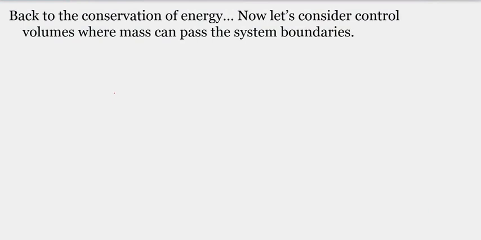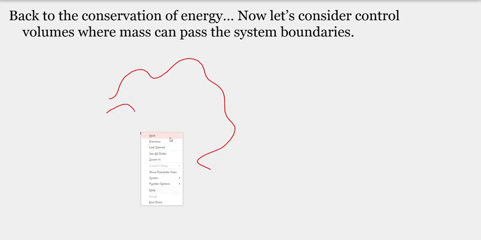Okay, so having said that, we know that, again, we'll define some arbitrary volume. Okay, there's my arbitrary volume. Kind of looks like a stomach. So this is my control volume. And here's my system boundaries.